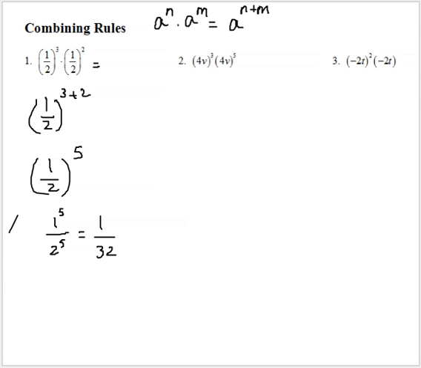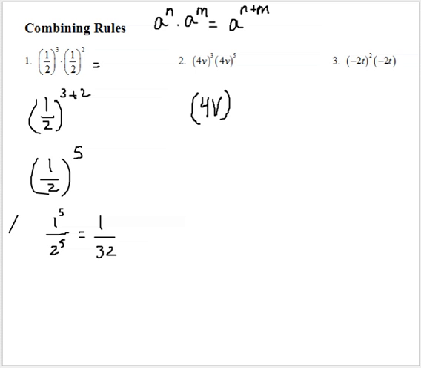Okay, Sandra, tell me, what's the base for the second one? The same base. Your a is what? 4v. And then, no, your base. What's your base in this case? You said 4.